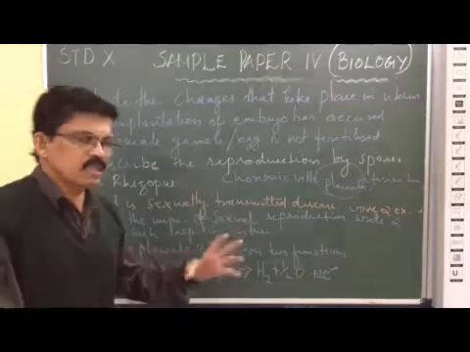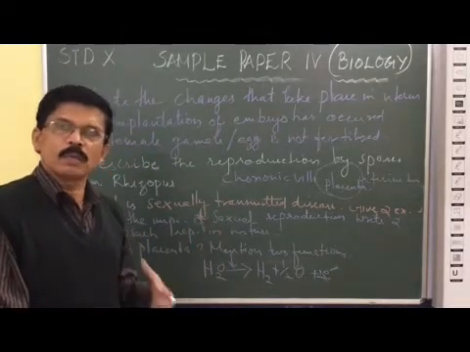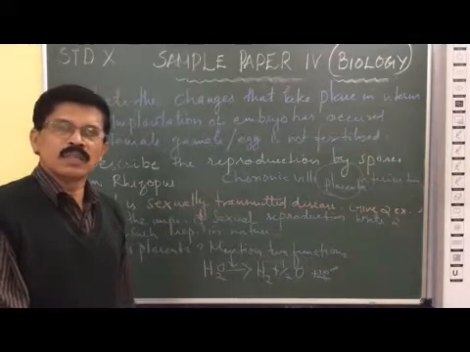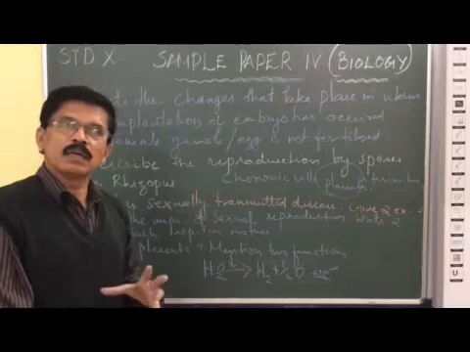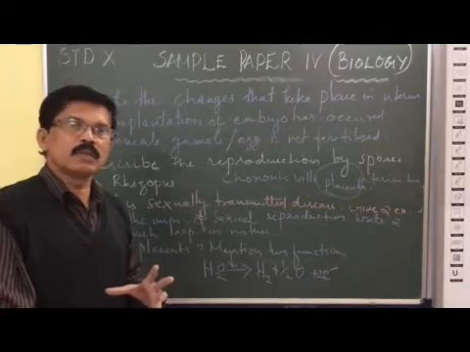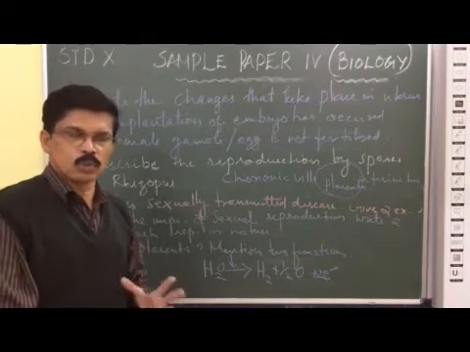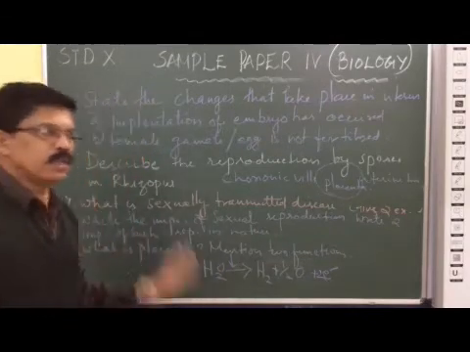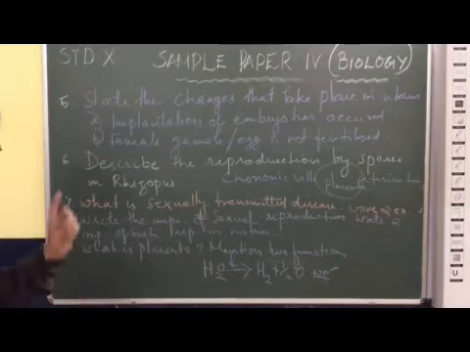Not only that, the placenta secretes a lot of hormones during the pregnancy time. You may study about it in higher classes. That really helps in the development of the fetus and also helps in parturition. You got that idea? It's very clear. I explained all this in the previous videos.